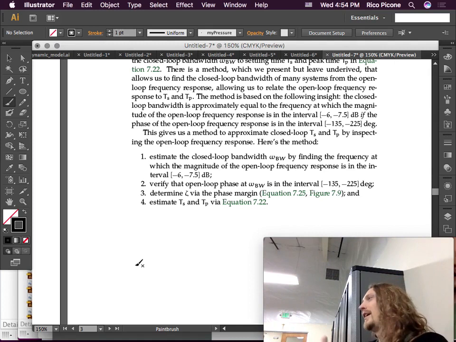For instance, instead of having a differential equation to describe your system, you have a difference equation. Instead of having a transfer function in the Laplace domain, you have a transfer function in the Z domain. It's the Z transform, which is a sort of digital or discrete version of the Laplace transform.